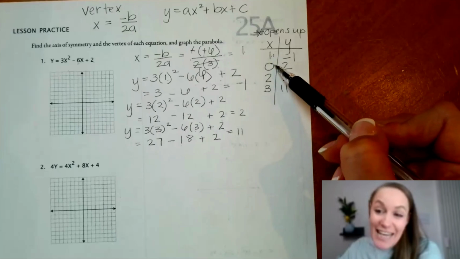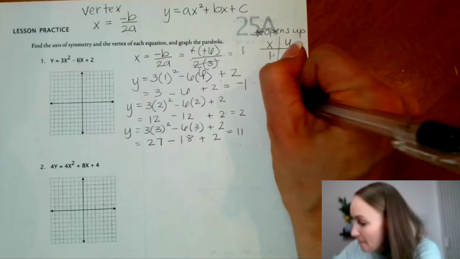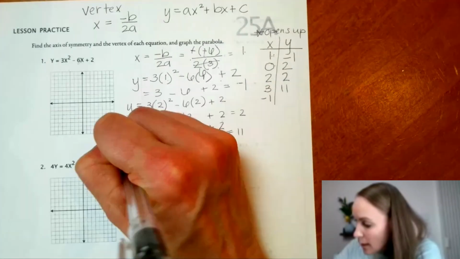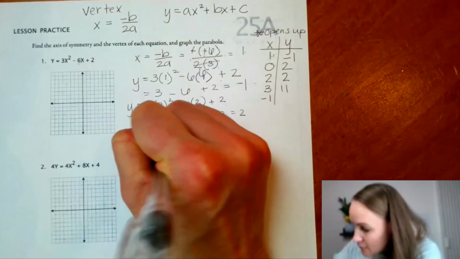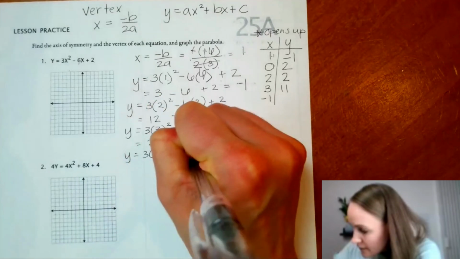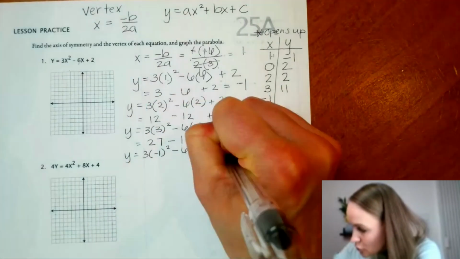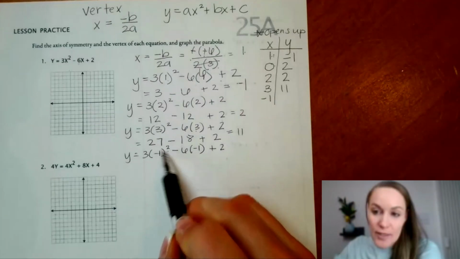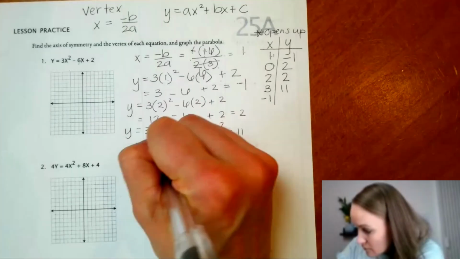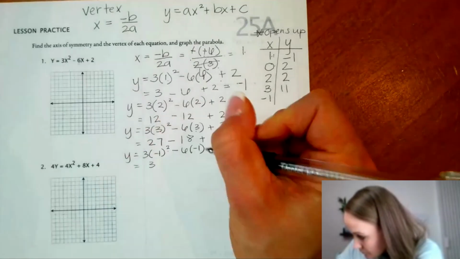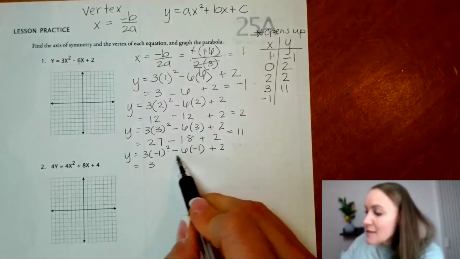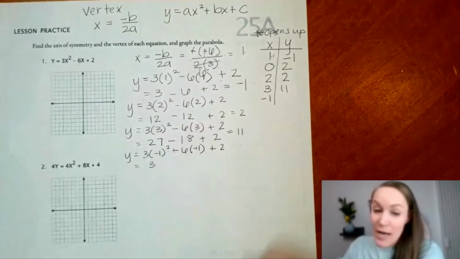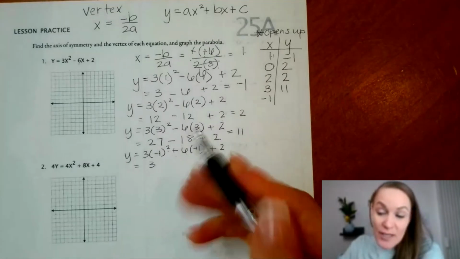And it would be -1. y equals 3 times -1 squared minus 6 times -1 plus 2. -1 squared is +1, times 3 is 3. -6 times -1, a negative times a negative, is a positive. 6 times 1 is 6.